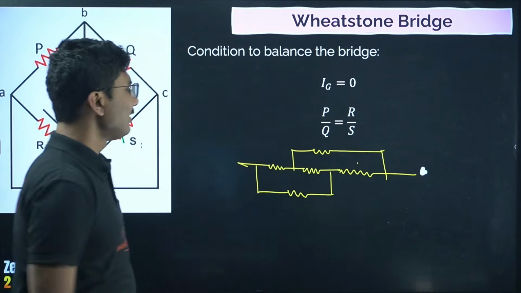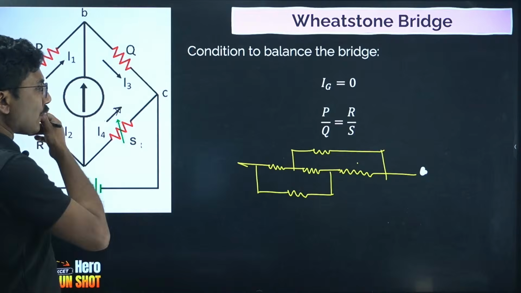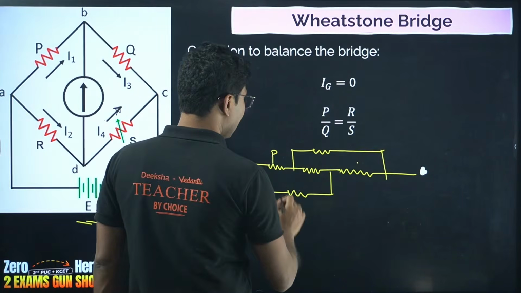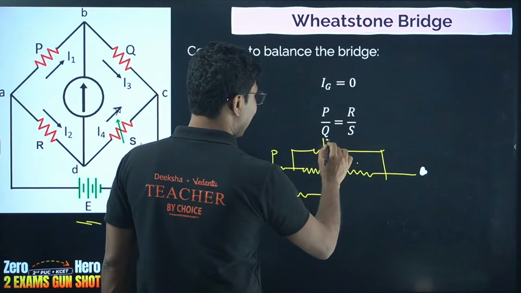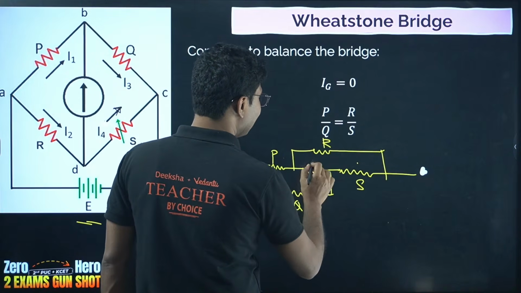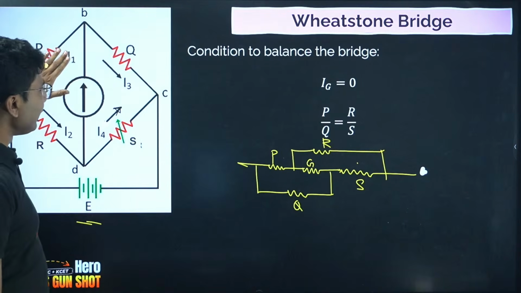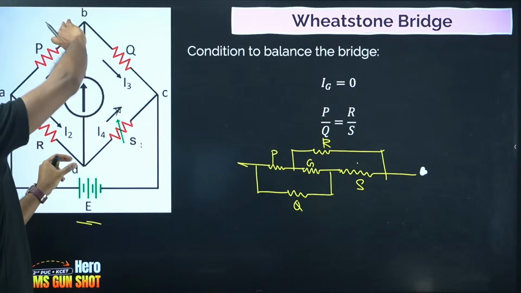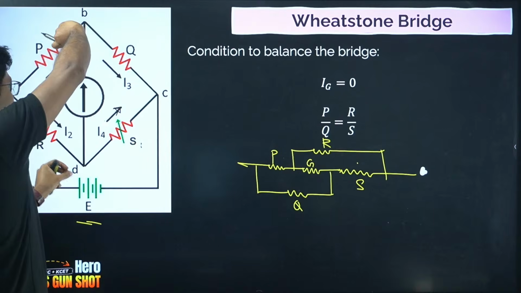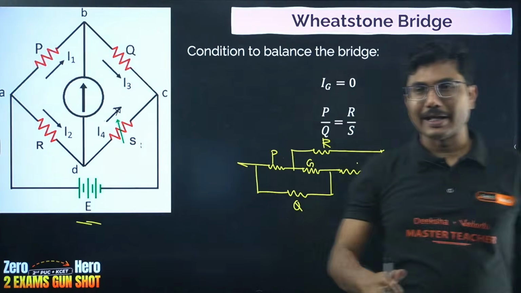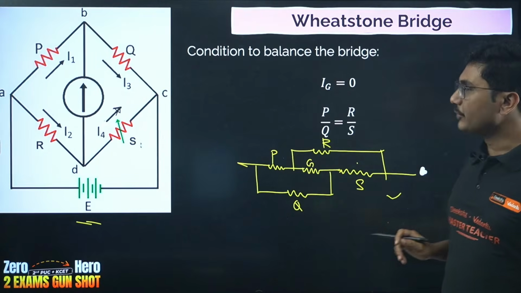So this is the Wheatstone Bridge diagram. Remember this is P, this is Q, this is R, this is S, and this one is the galvanometer. So this circuit can be redrawn like this, and this circuit diagram is nothing but a Wheatstone Bridge.